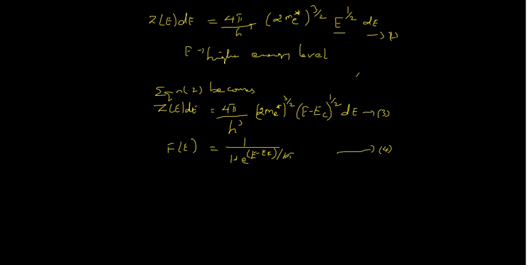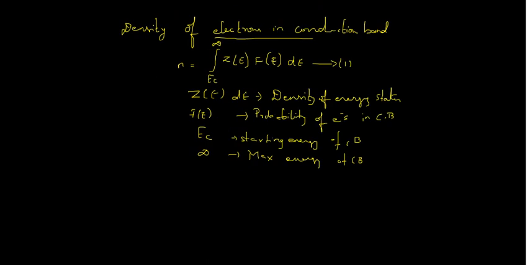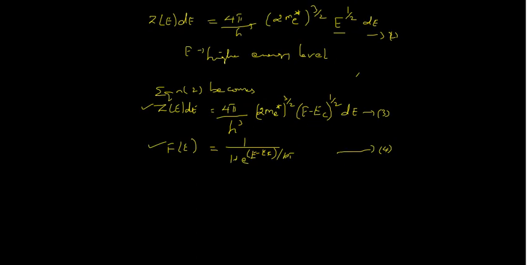So we got these values Z of E into dE and f of E. In the first equation, n is equal to the integral from EC to infinity of Z of E into dE f of E. So we got these two equations. Now substitute equation 3 and 4 in equation 1.